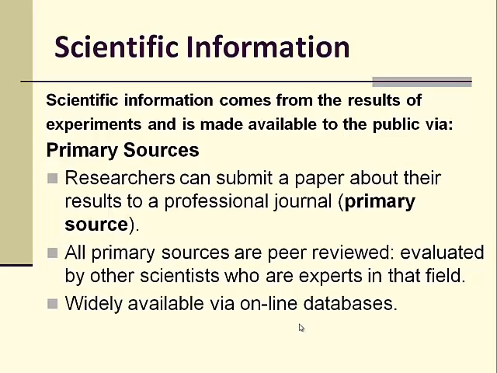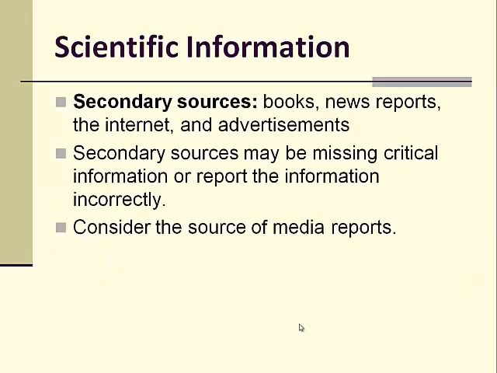The other place that we can get scientific information is from secondary sources. Secondary sources include books, internet, news reports, and advertisements, and they are sources in which someone else goes to the primary literature and pulls out a bunch of different primary sources regarding a topic, compiles those, and then presents it together.